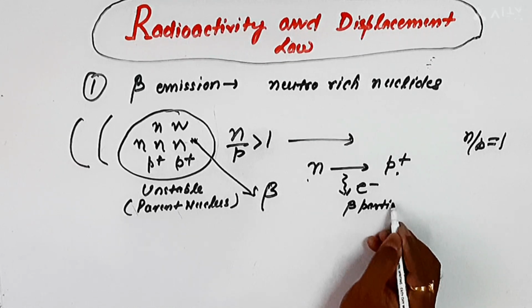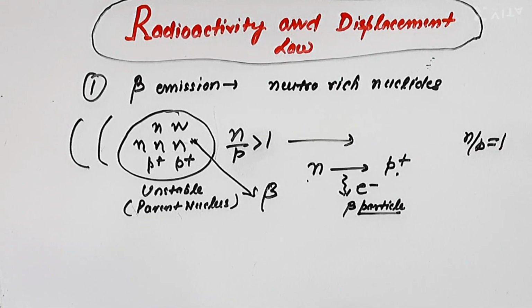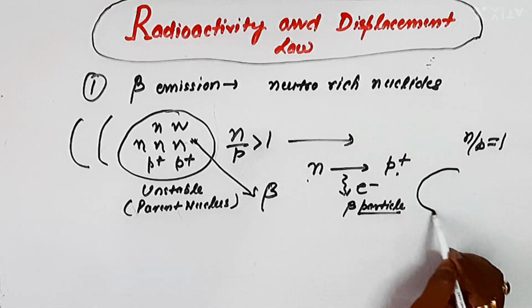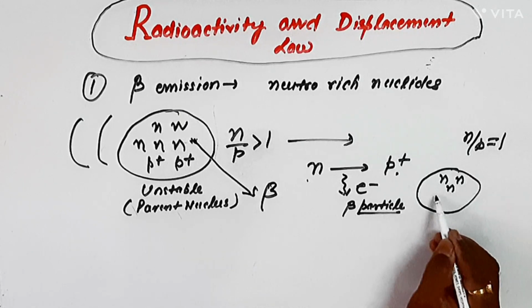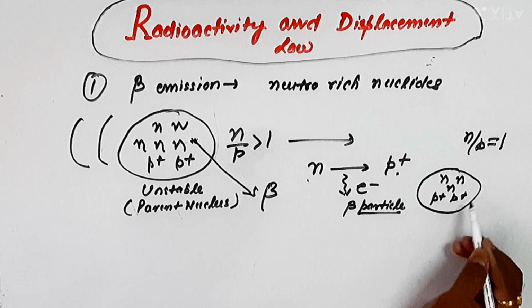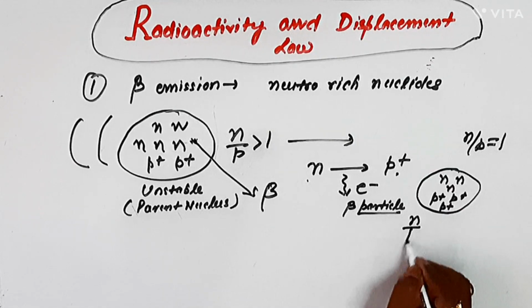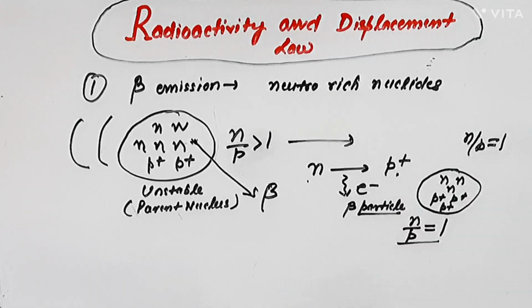So this is beta emission by a nucleus. With beta emission, this parent nucleus converts into a new nucleus where neutron and proton become almost equal, meaning n by p ratio is nearly equal to 1, and the atom achieves stability.